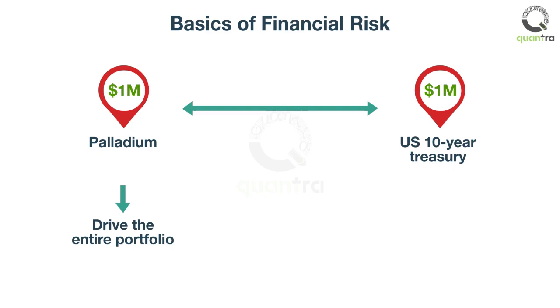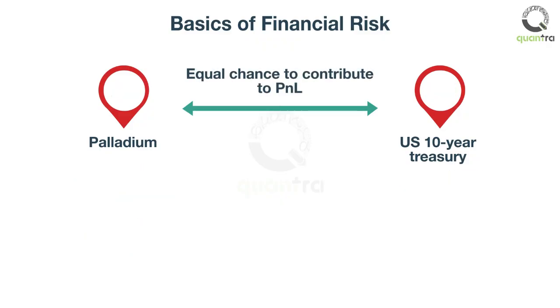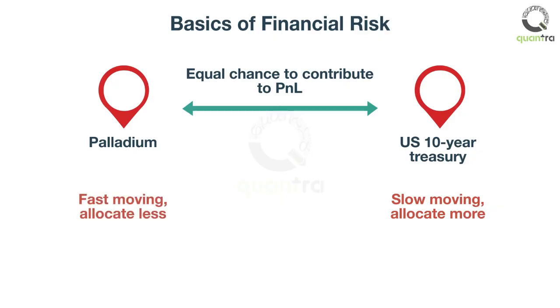Each palladium contract usually varies in value by over $4,000 per day, while the treasury contract only changes value by around $300. The solution is to attempt to give each position an equal chance to contribute to the portfolio's daily profit or loss. That is, we will allocate more to the slow-moving markets and less to the fast-moving markets, and we will use the volatility calculations to decide just how large each position should be.